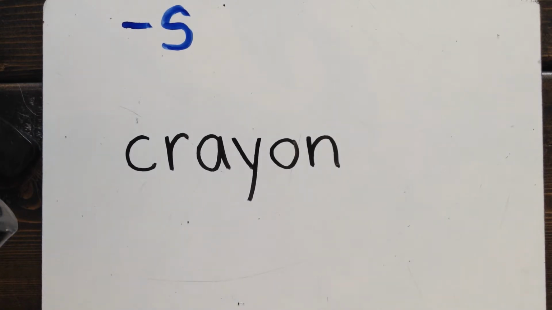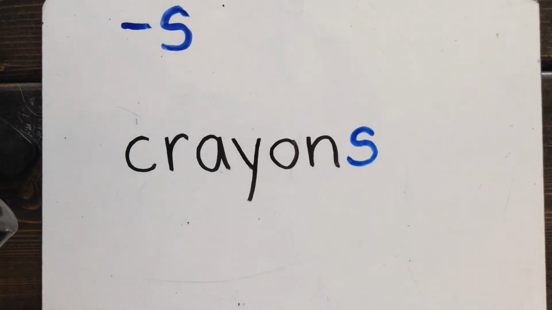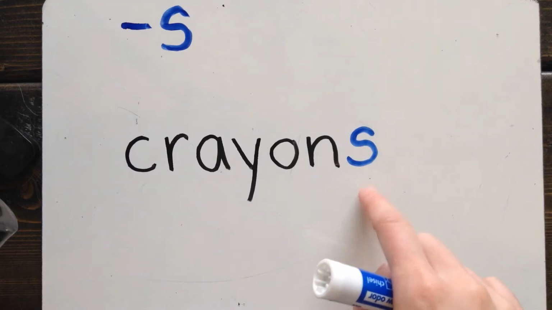However, if you want to make it plural, you just add an s at the end. And now the word says crayons. The s lets you know that now there is more than one crayon. Maybe there's 2 crayons, or 3 crayons, or 4 crayons. In any case, there are many crayons now that you've added the s.